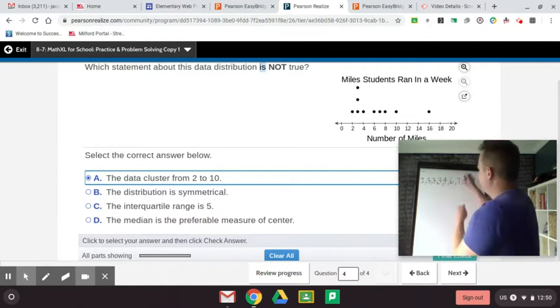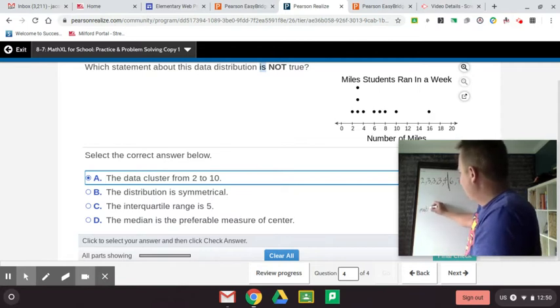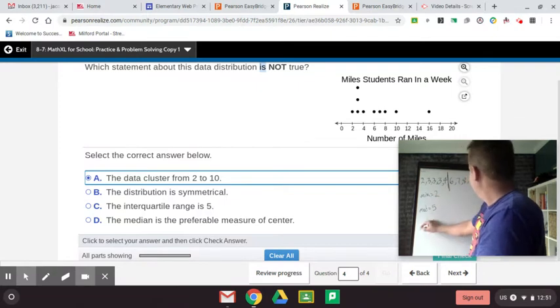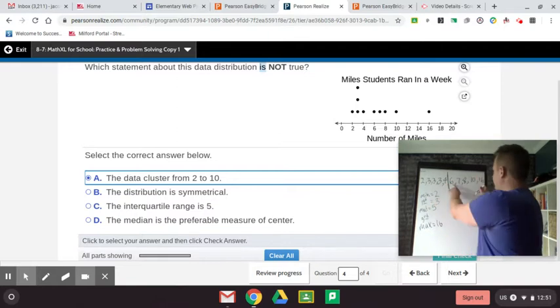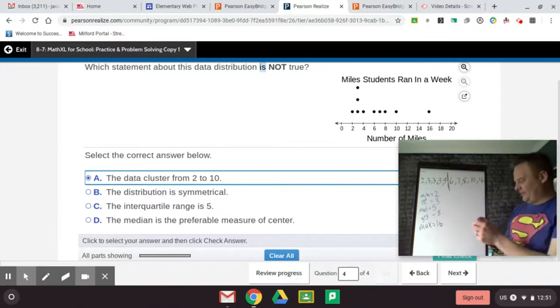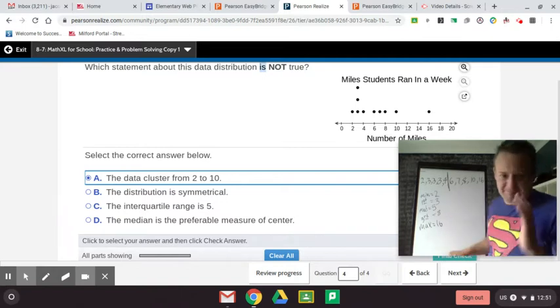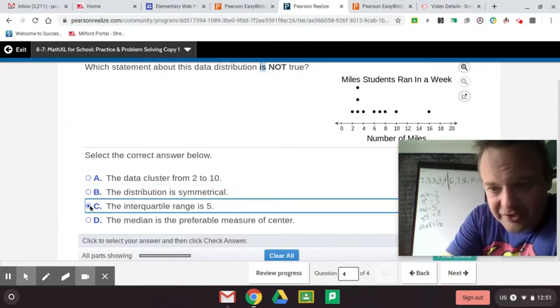It comes between two numbers, so the median is 5. Minimum is 2. Maximum is 16. First quartile, third quartile. All right, let's see. First quartile is 3. Third quartile is 8. Third quartile minus first quartile, 8 minus 3 is 5. So the interquartile range is 5.